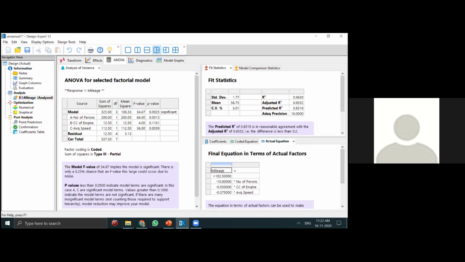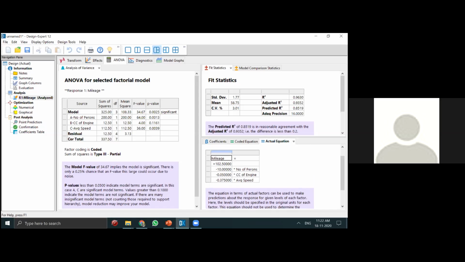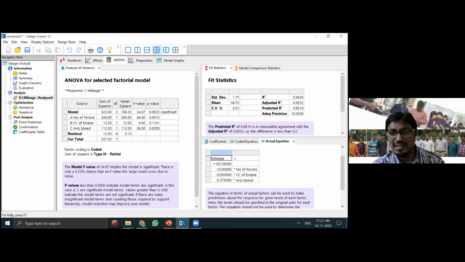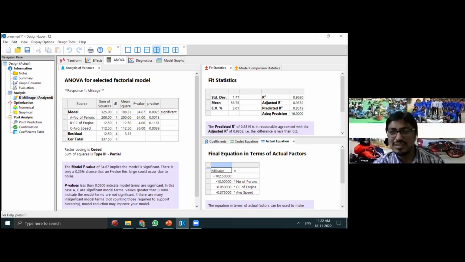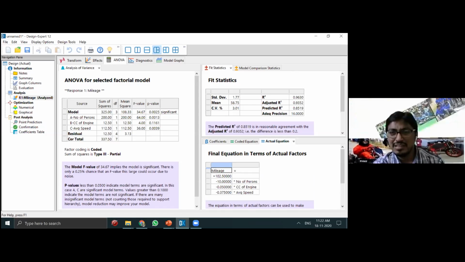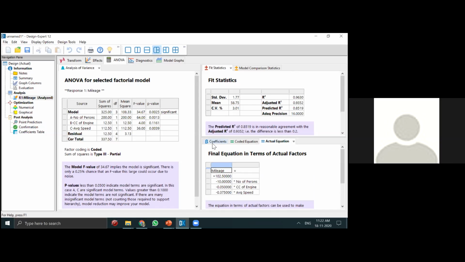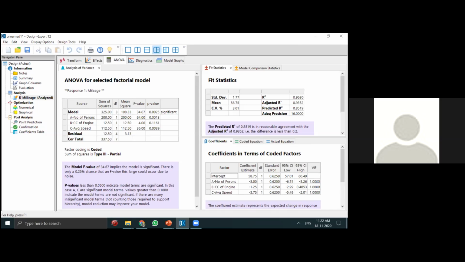Beta something is showing there. Are those correlation coefficients? I am not finding it here.